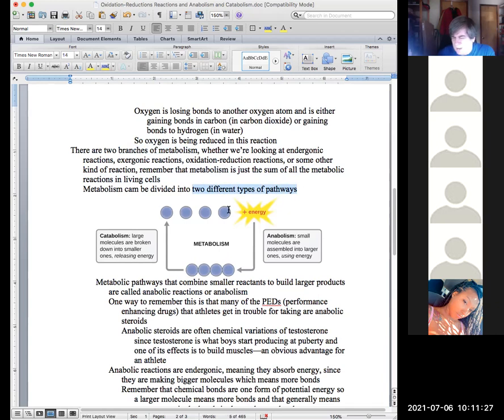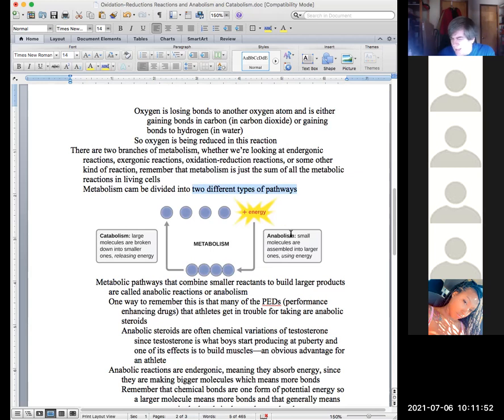So if our reactants are these 4 little purplish dots up here, and we add some energy, okay, so notice we're adding energy to reactants. So this is going to be what? An endergonic or endothermic reaction. We're going to use that energy to stick these 4 small atoms together into a big molecule.